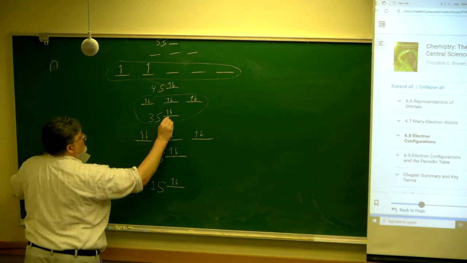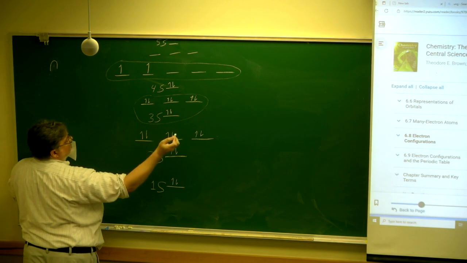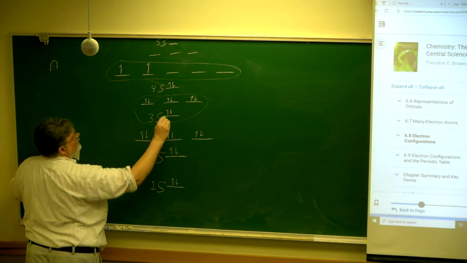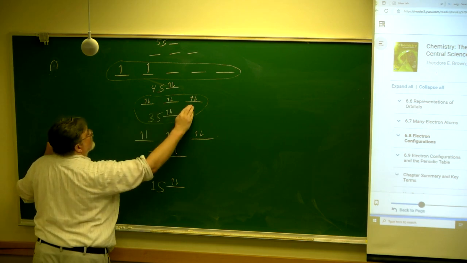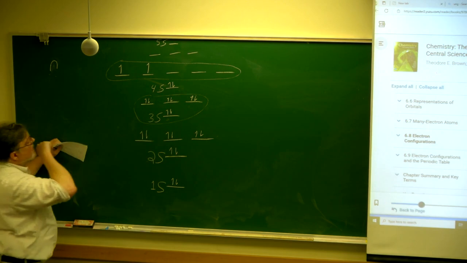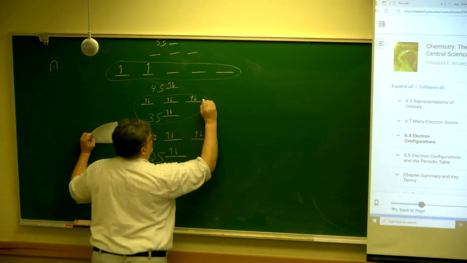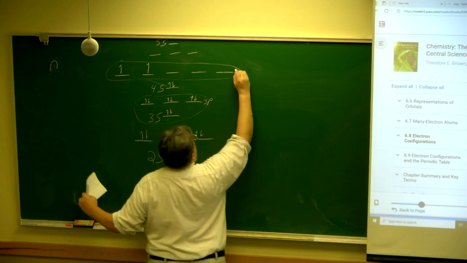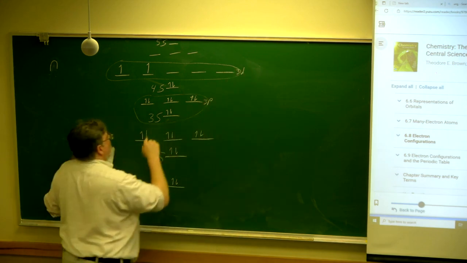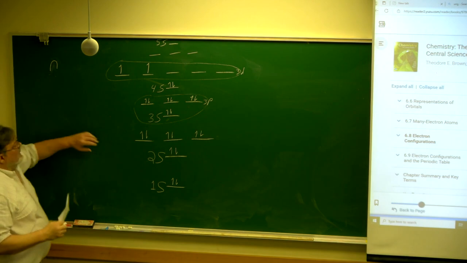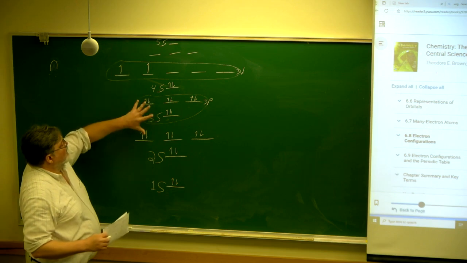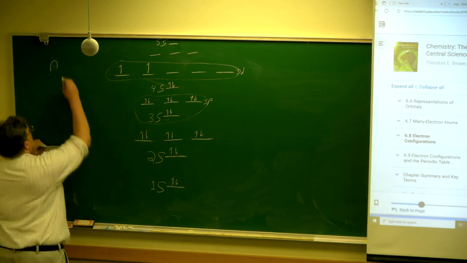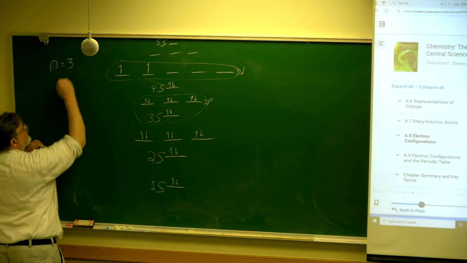And you would call these, I'll say orbitals, the number 3 suborbitals. But this is 3S, this was 3P, and this was 3D, so 3, 3, 3. So any electron in here that I've got circled has the quantum number 3 for n.